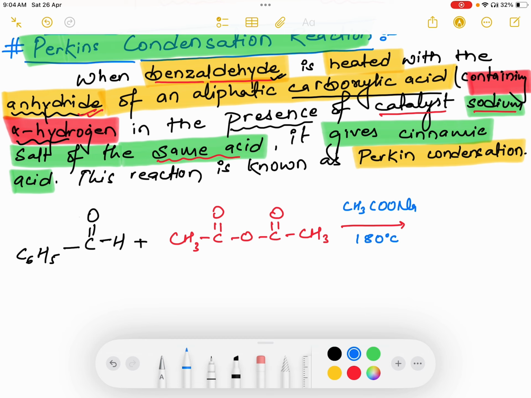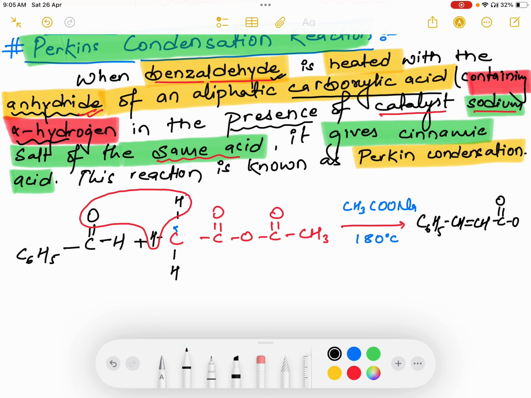Now, the alpha carbon was this one, and I can represent the three hydrogens as H, H, and H. The oxygen will take away this H, and this will link up in the format C6H5CH=CH-COOH.